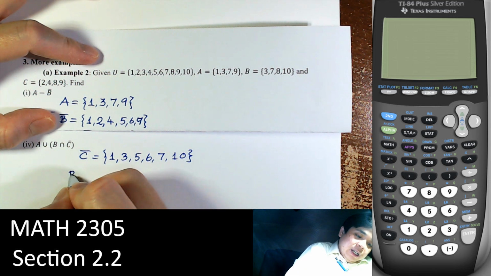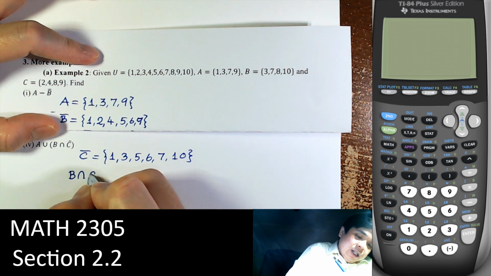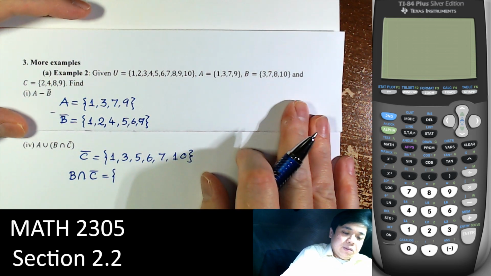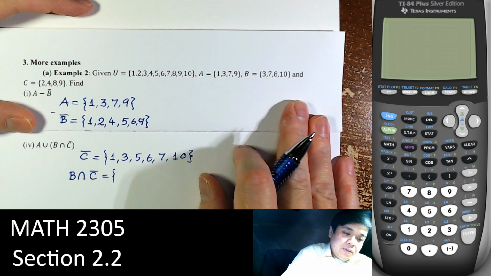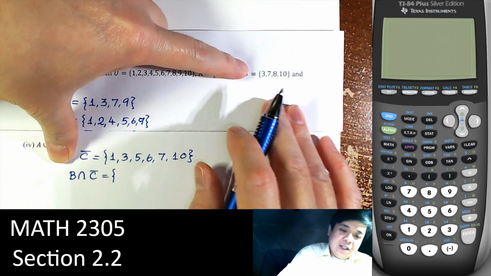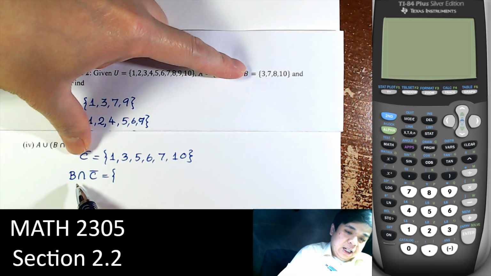Now B intersection with not C. So this is B and this is not C. What do they have in common?